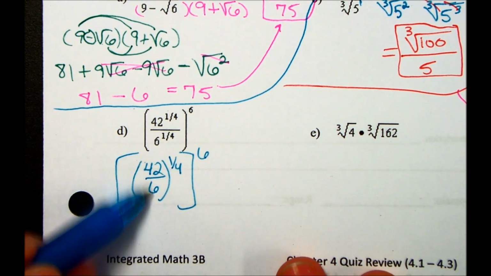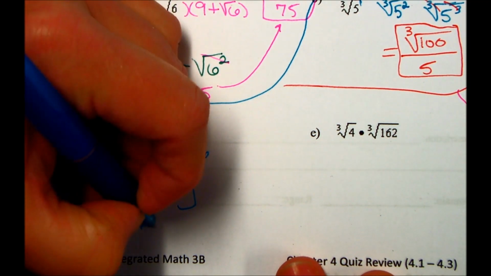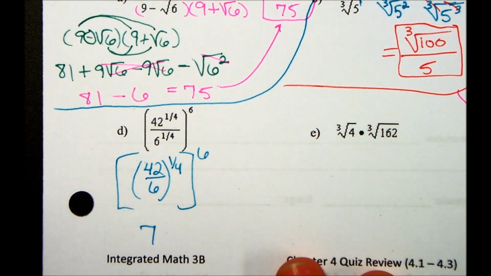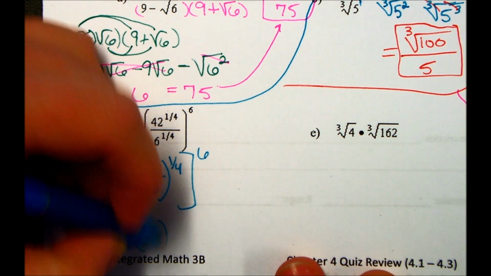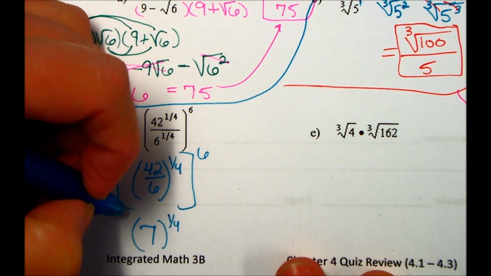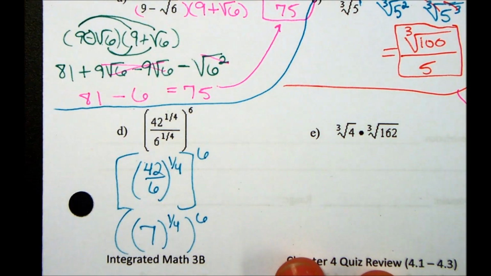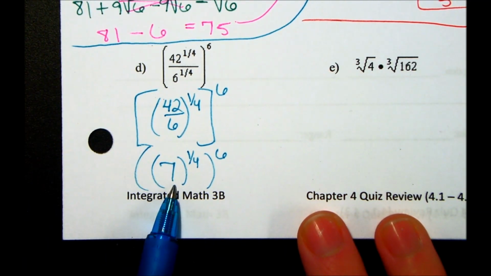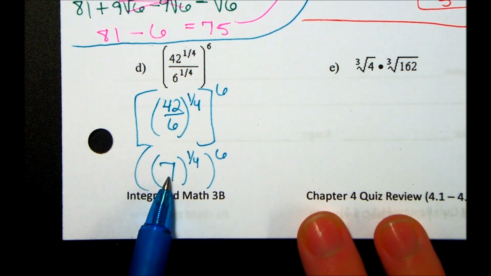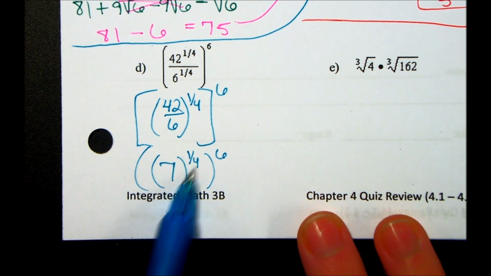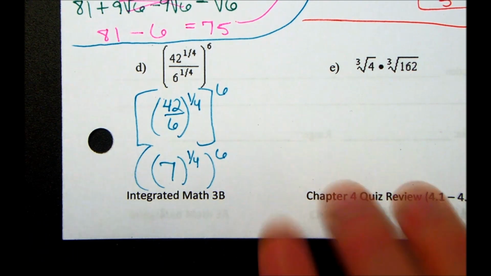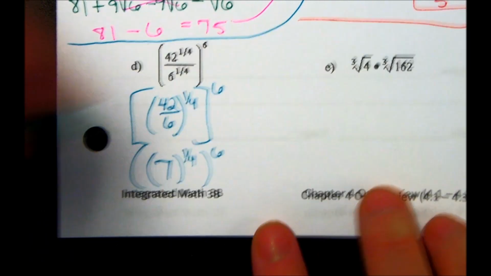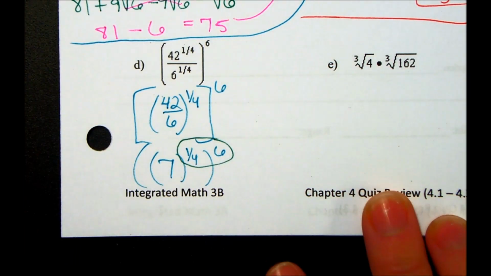Now the 42 divided by 6 will give me 7, so that simplified nicely. It's still being taken to the 1/4 power, which then is being taken to the 6th power. Well, 7 is a prime number. It's not going to have any factors that are perfect 4th powers, so the 7 to the 1/4 power cannot be simplified. However, you can simplify this exponent.